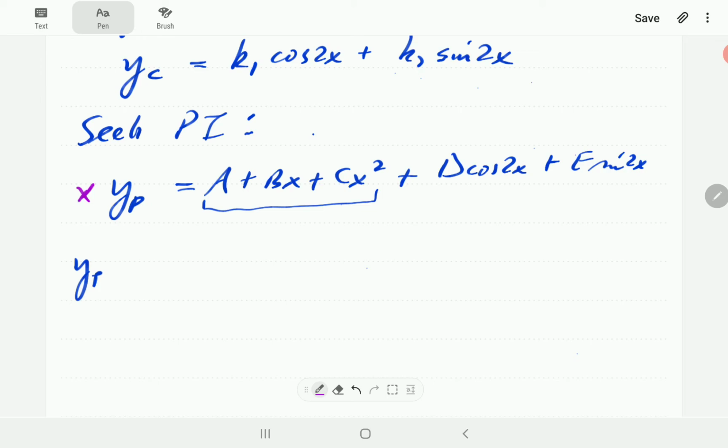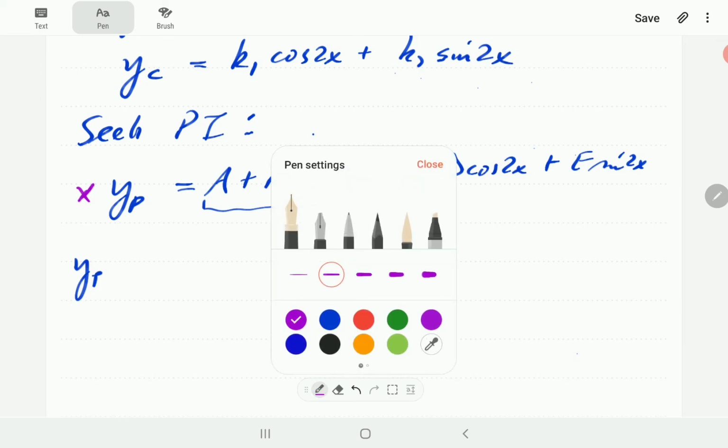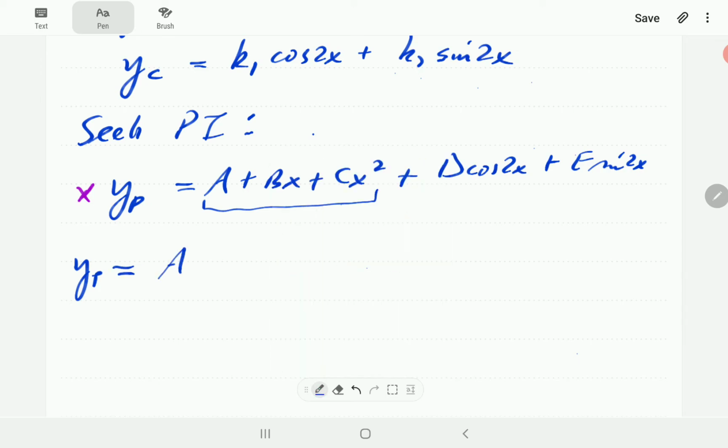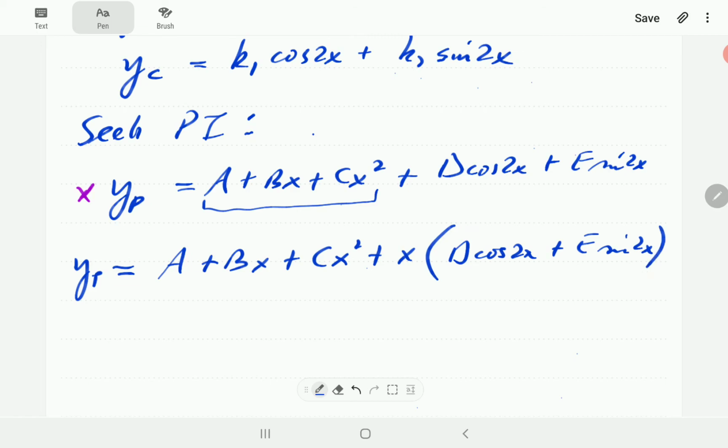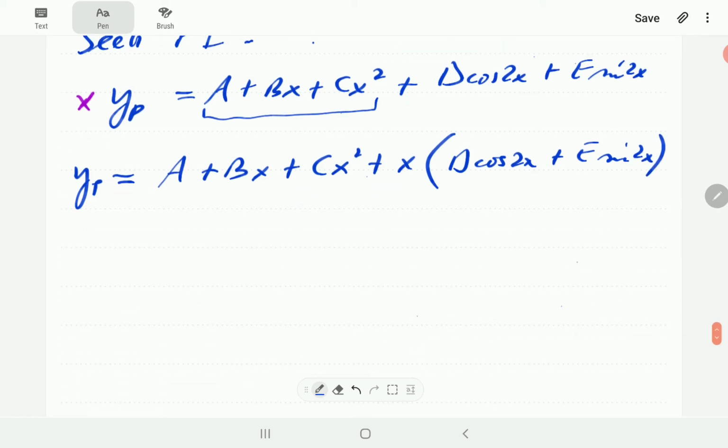This one is not going to work. So we're going to have to multiply our yp, a plus bx plus cx squared, then everything here is multiplied by x. All right. Then we need to differentiate this twice.